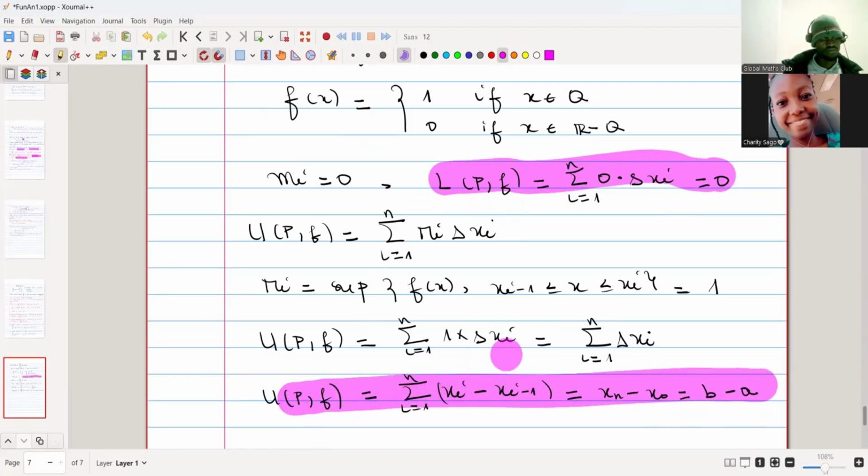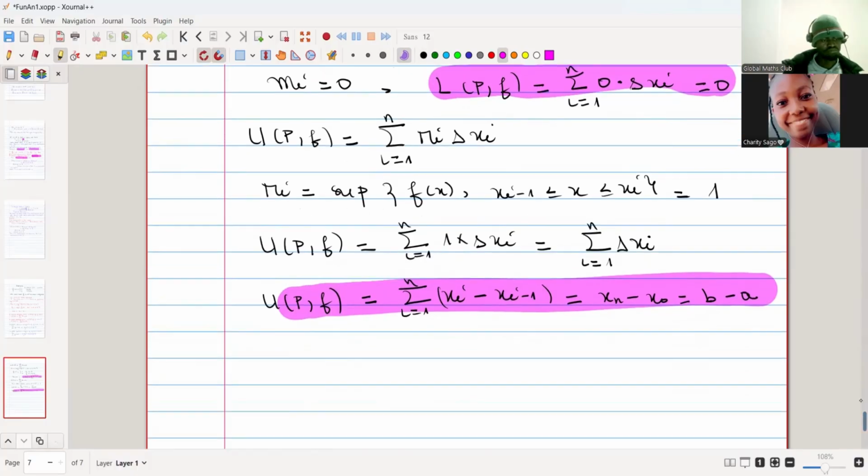So we can compute now our lower double integral. Now, what is the lower double integral? As we know, it is the infimum of, it is the supremum, sorry, don't forget the formula.